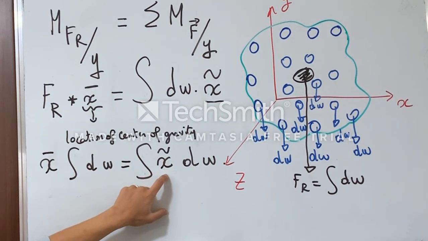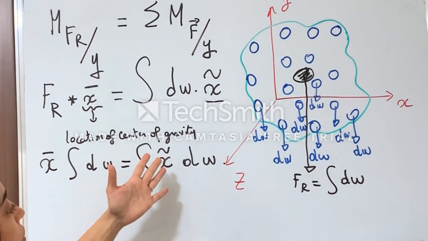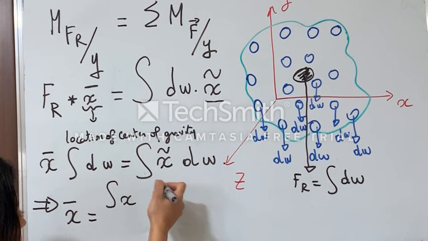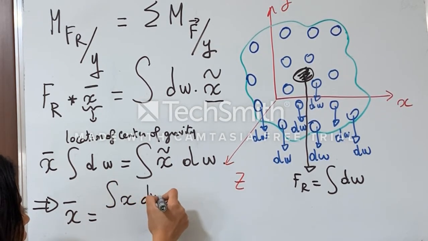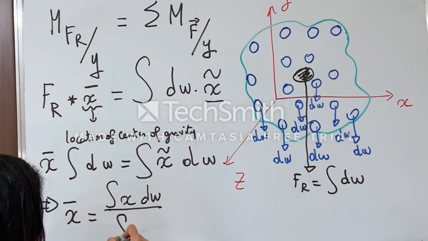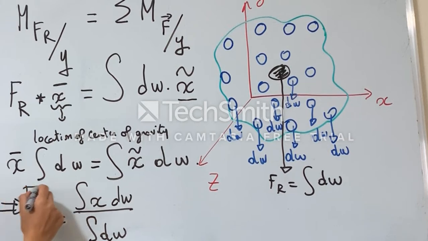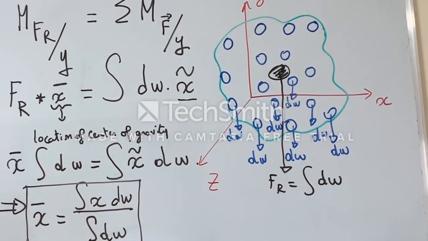And this one here, guys, is basically x, which is the location of each dw. Now, what does this mean? This means that x bar will be equal to the integration of x dw over the integration of dw. So this is the equation of x bar.